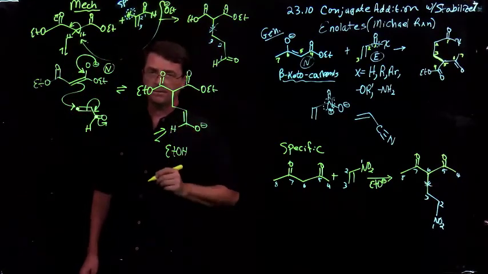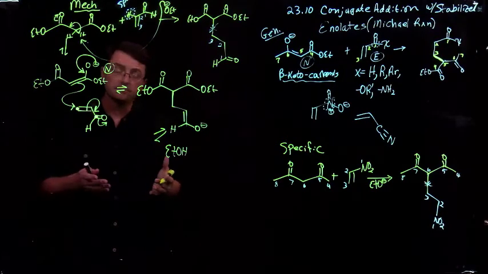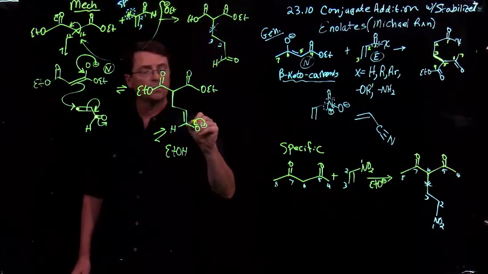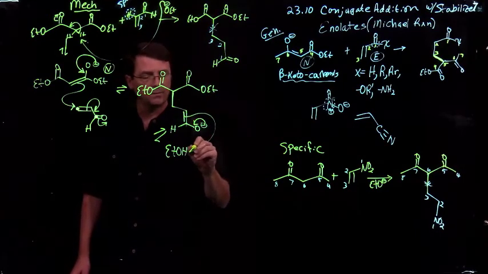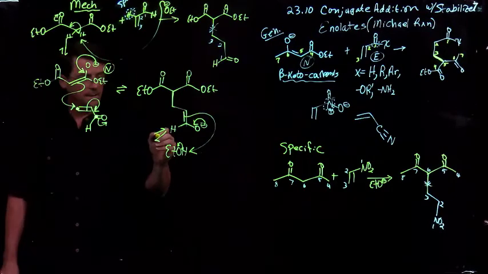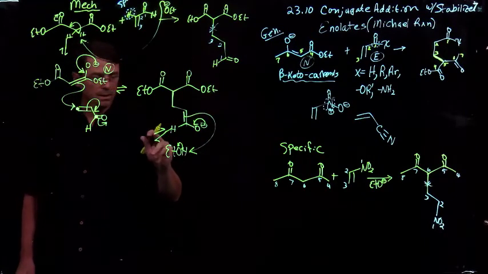So the pKa of an aldehyde is about what? It's around 19. Ethanol is about 16. So by a factor of about 1,000 to 1, that one will protonate and the equilibrium will lie toward the aldehyde.